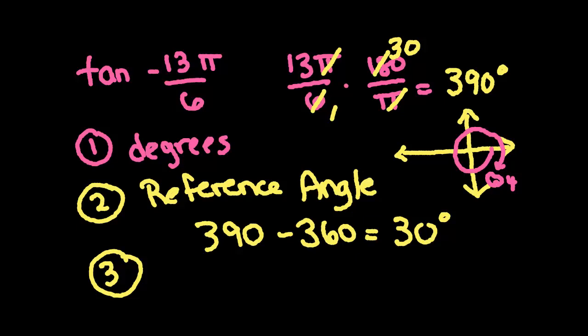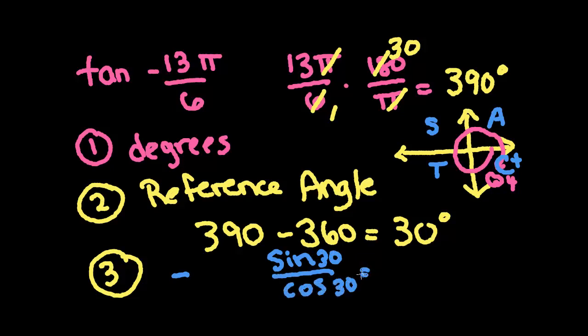And if we look at what's positive there, we have all students take calculus. Cosine is positive. So I know that since it's tangent, I'm going to have a negative number. So I want a negative answer. So I need my sine of 30 over my cosine of 30.